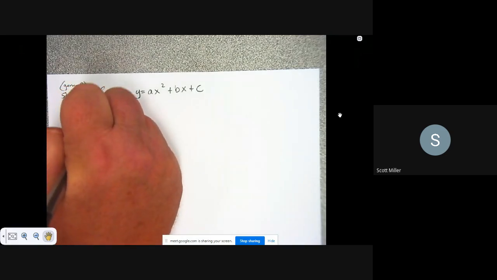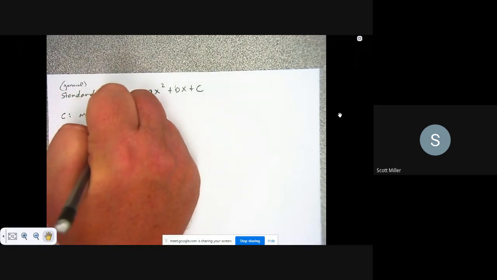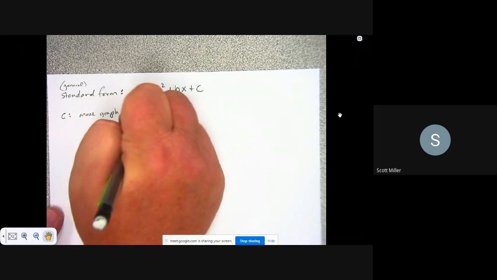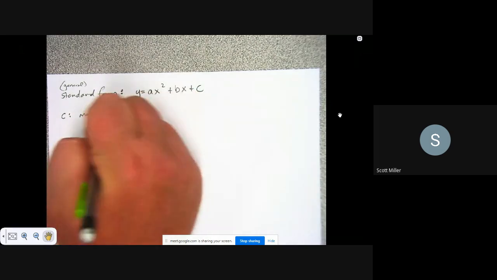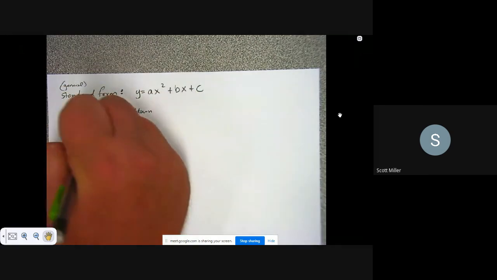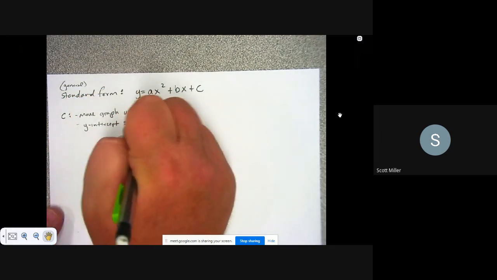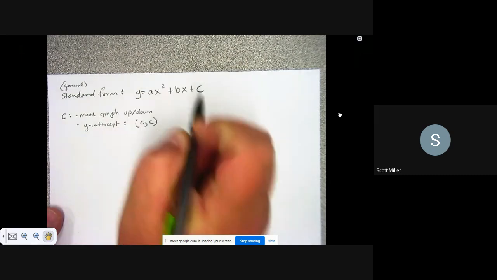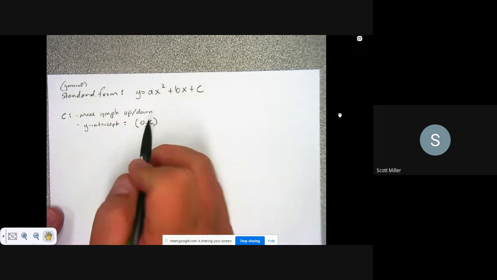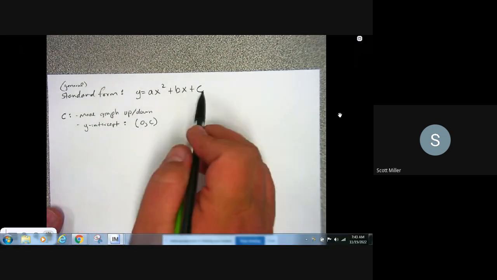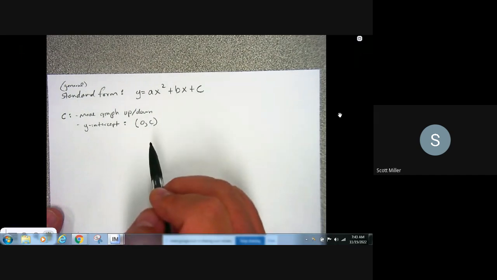This one moves the graph up and down. And it is also the y-intercept. The y-intercept is a point, so it would be written in the form of (0, c). When x is 0, the y value is c. And you can see that very clearly in here. So that is the y-intercept in this format.